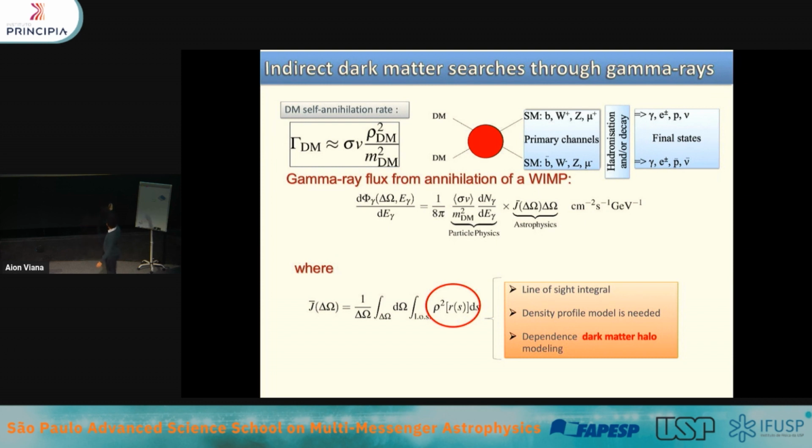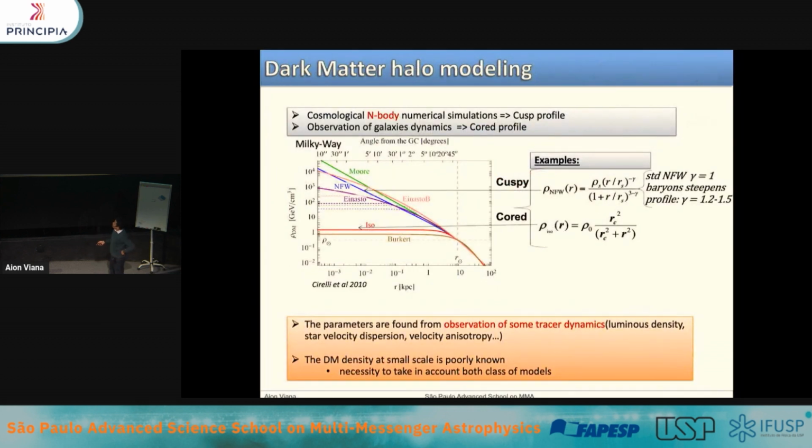So you need to model the halos of the galaxies that you have. These come either from numerical simulations of galaxies. Nowadays, you have very advanced cosmological simulations of galaxy formation. Normally, these predict a very cuspy profile, or a density that grows towards the center.